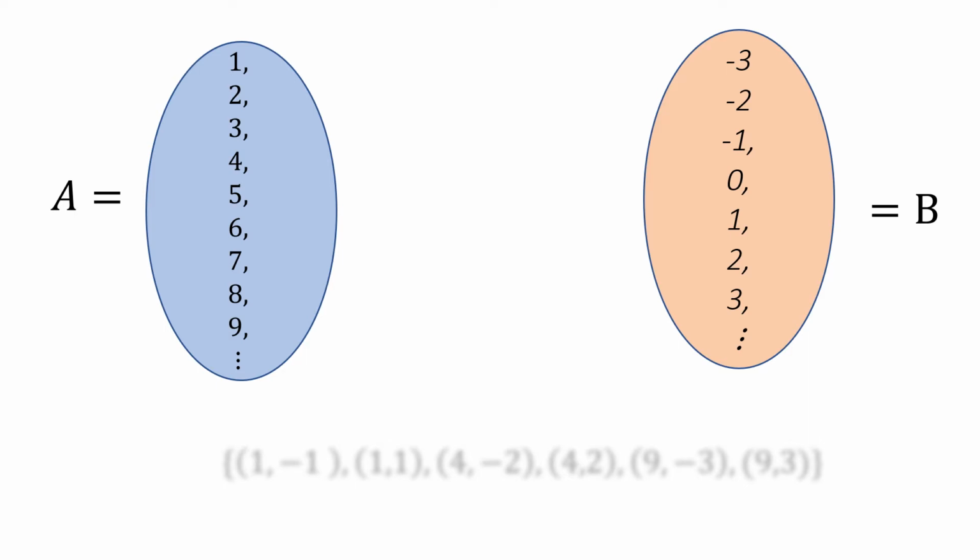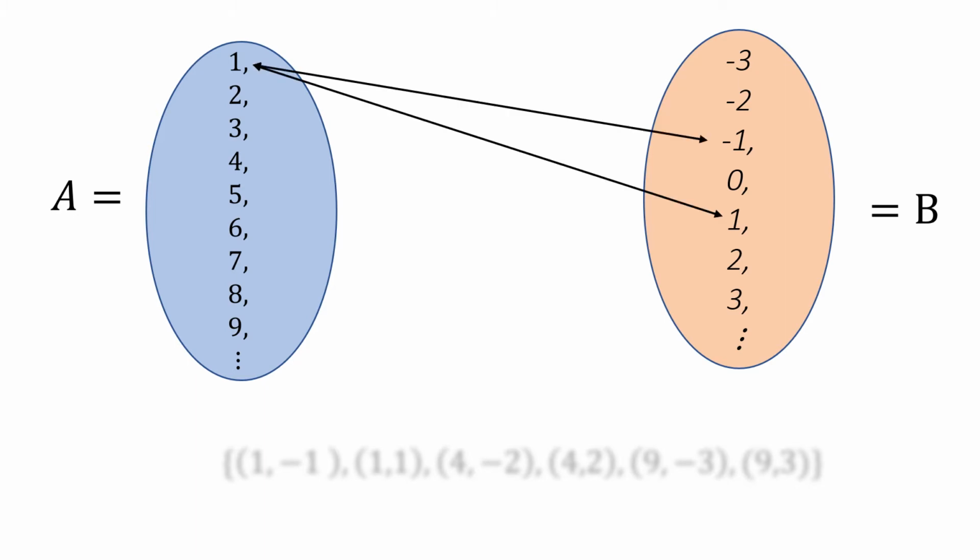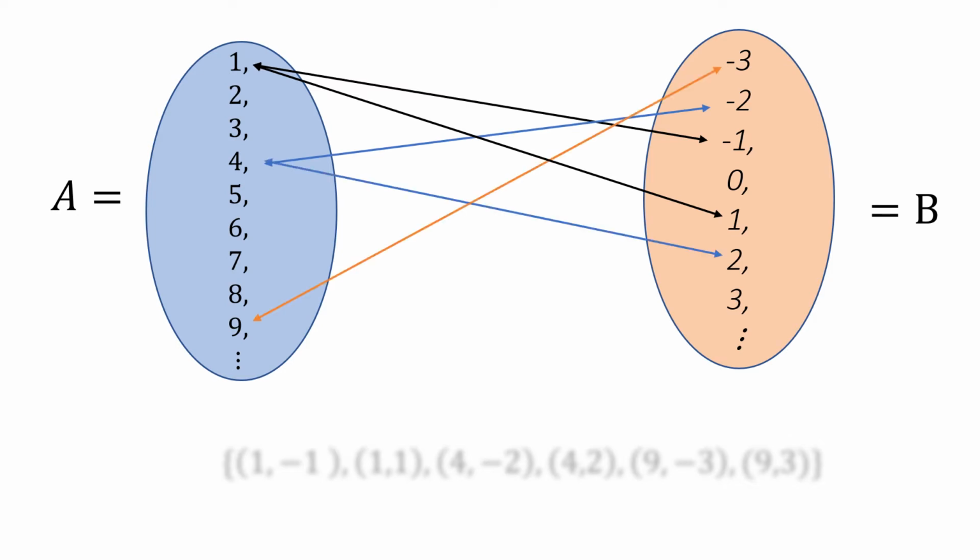The relationship we define here is that the first element of a pair is the square of the second element. Therefore, from set A, we pair the element 1 to 1 and minus 1 of set B, and we pair element 4 of set A to minus 2 and 2 of set B, and we pair element 9 of set A to minus 3 and 3 of set B.